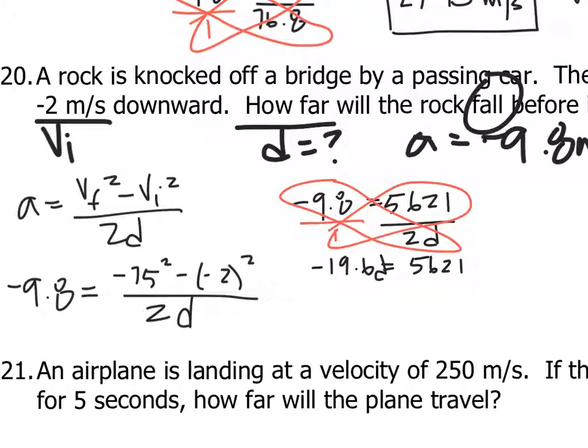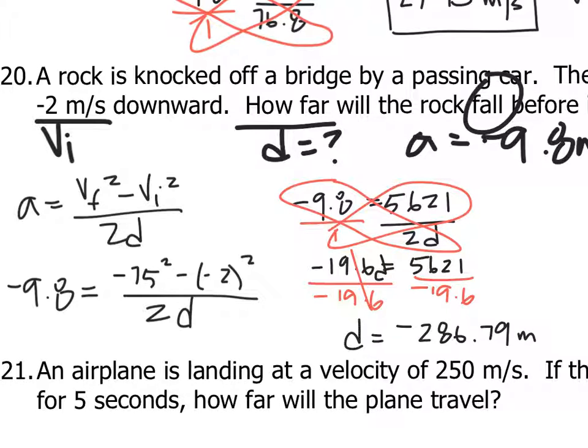And then get rid of the 19.6 to get d by itself. I've got to divide by negative 19.6 on both sides. These cancel. I've got d all by itself. And 5,621 divided by a negative 19.6 gives me a negative 286.79 meters.